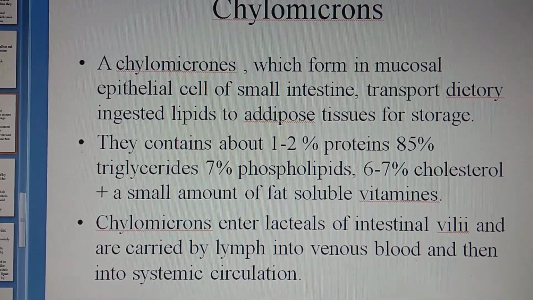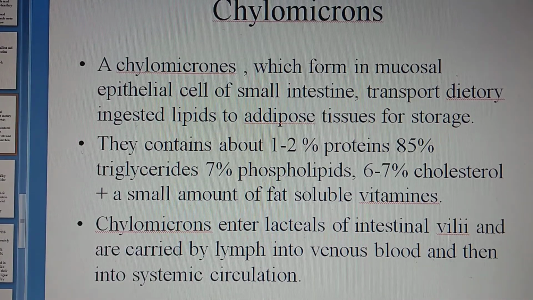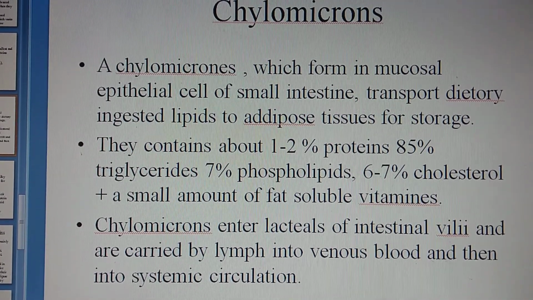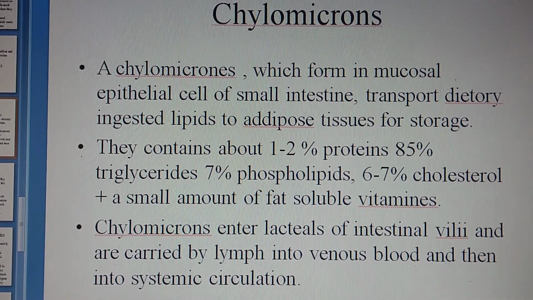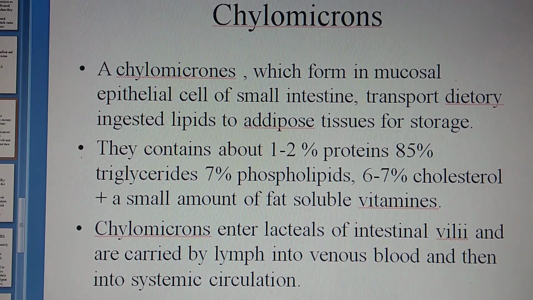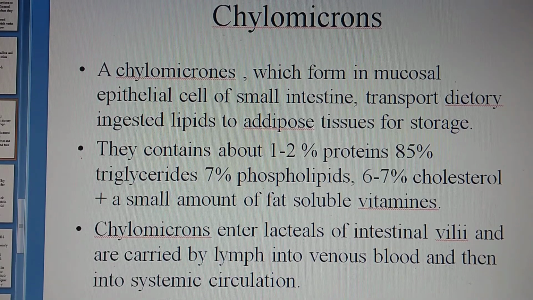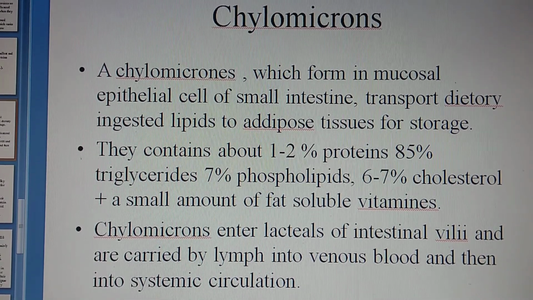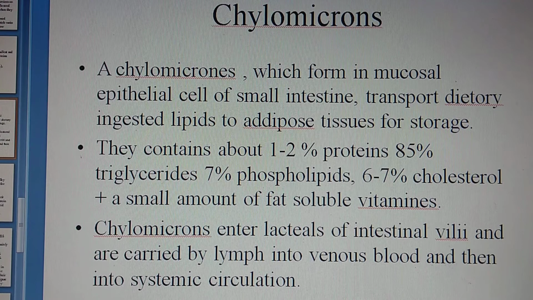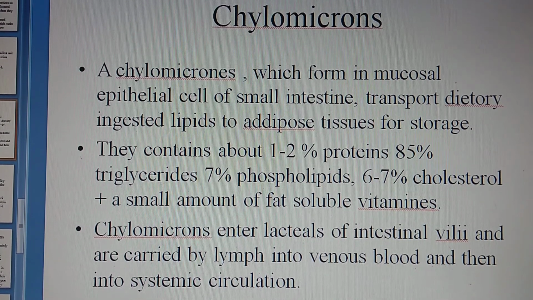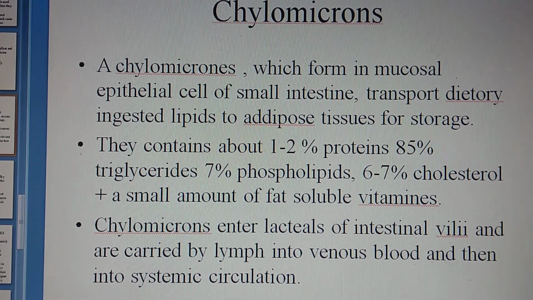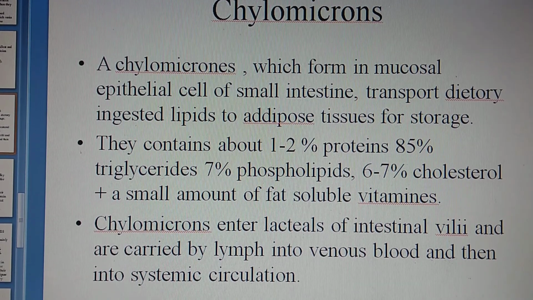Chylomicrons. Chylomicrons, which form in the mucosal epithelial cells of the small intestine, transport dietary ingested lipid to adipose tissue for storage. They contain 1 to 2% protein, 85% triglycerides, 7% phospholipids, and 6 to 7% cholesterol, and a small amount of fat soluble vitamins.